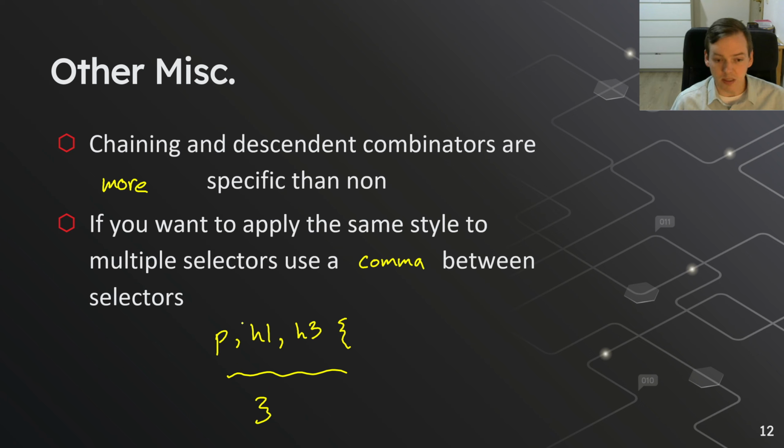If I don't have the comma, remember it becomes a descendant. So if I said P space H1, that would mean only the H1s that are nested within a paragraph get that styling. Whereas this says, regardless of where the P is, regardless of where the H1 is, regardless of where the H3 is, set them all to have the same style.